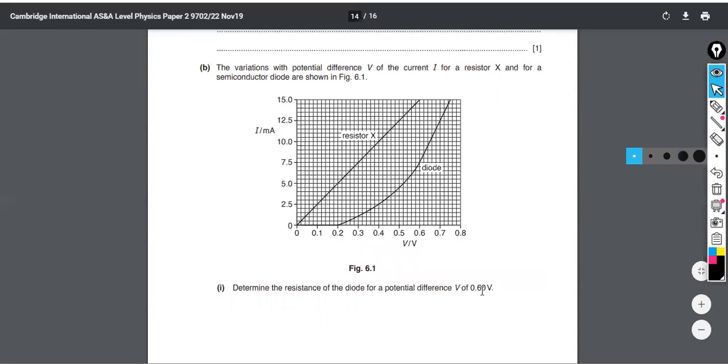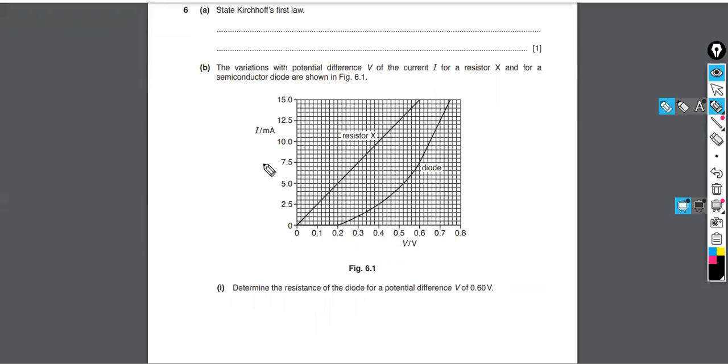That's the current we use to calculate the resistance for our diode. We're trying to calculate the EMF in the battery. The EMF is going to be the same as the voltage across every parallel branch. So here you can see the voltage of resistor X, 0.3 volts drop across resistor X, and we already saw that 0.6 volts is what's dropping across the diode.